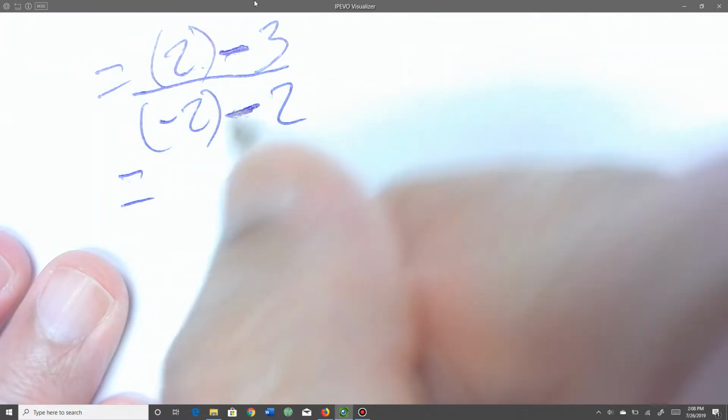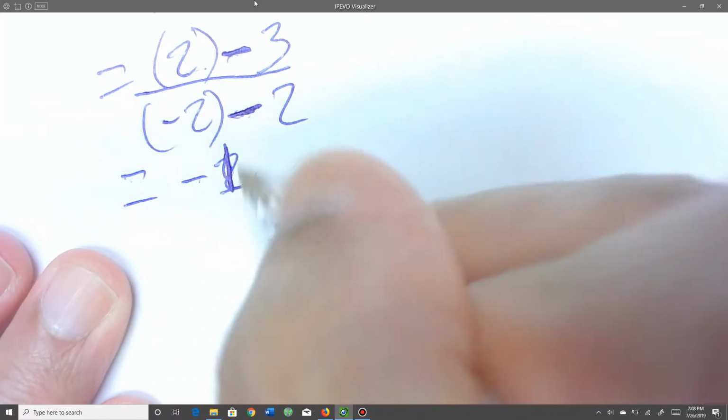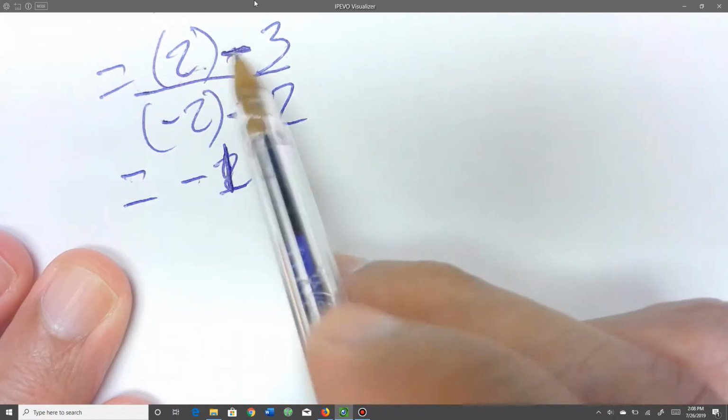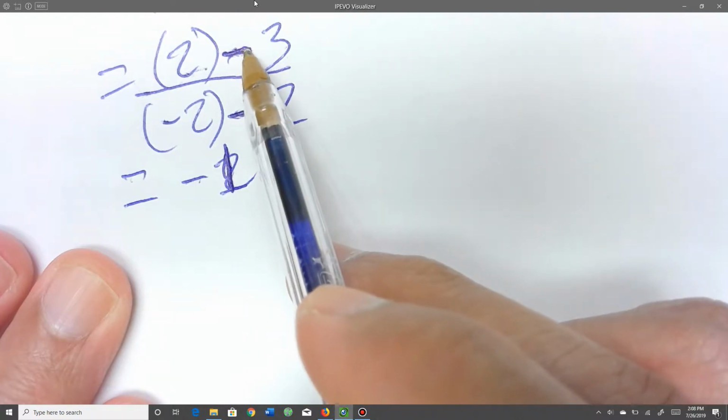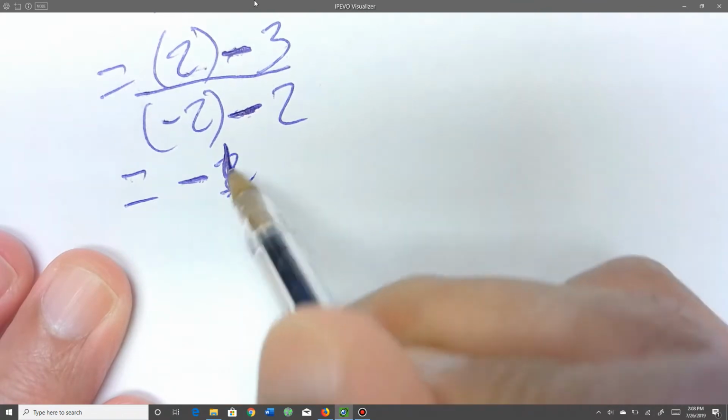So 2 minus 3 is -1, because this is basically a subtraction. 3 minus 2 is 1, keep the sign of the largest value. It's negative. So -1.